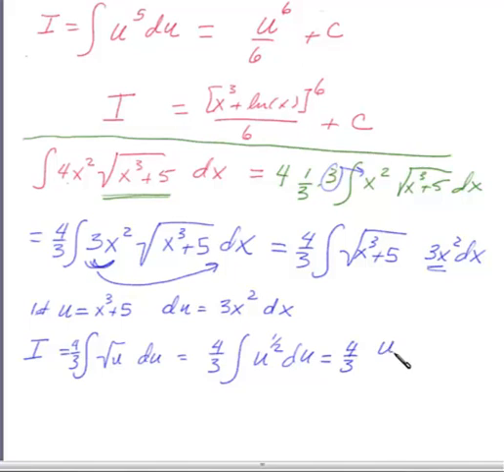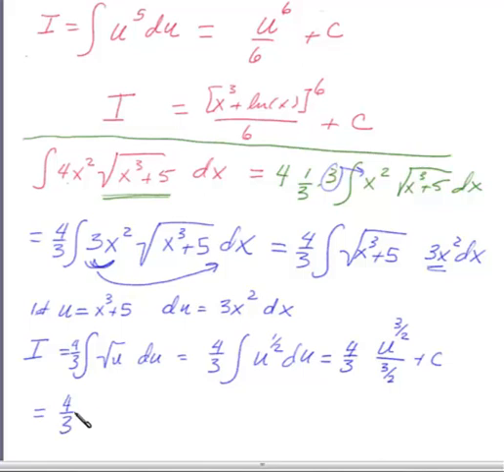And we can use our rules for power functions and see that this is going to be 4/3, and it's a power function, so it's u. I have to increase the exponent by 1, so the exponent becomes 3/2, and divide by the new exponent, so I'm dividing by 3/2, plus a constant. Now we've got a little algebra to do here with these exponents. Dividing by 3/2 is the same as multiplying by 2/3, so I'm going to clean this up a little bit.